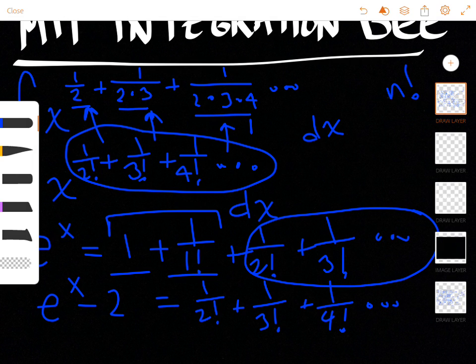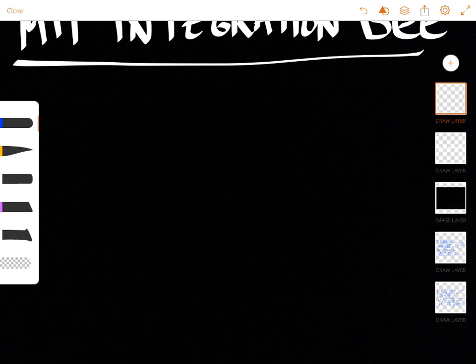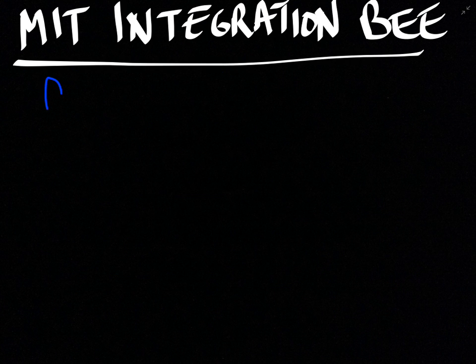Running out of room here, remembering we have minus 2, we can rewrite the entire integral as the integral of x to the e minus 2, dx. And now that is completely doable.